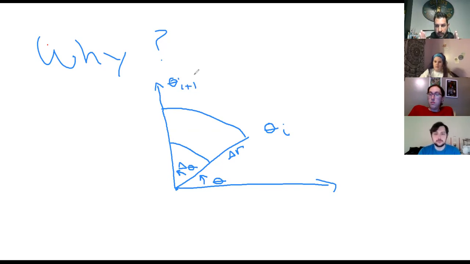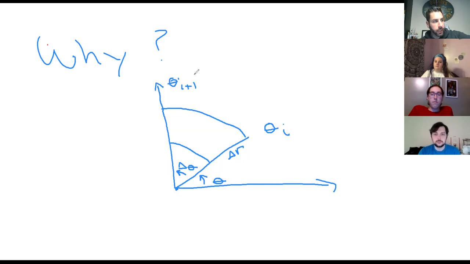You chop the domain into n equal pieces. I would take the interval from a to b and chop it into n pieces. Well, now I'm not using x's and y's, so I'm not defining a function on an interval. I'm defining it on r and theta. So I'm going to take theta and divide it into pieces, maybe 5, maybe 100. Let's call the first one theta 1, theta 2, theta 3, theta 4 as we go up.